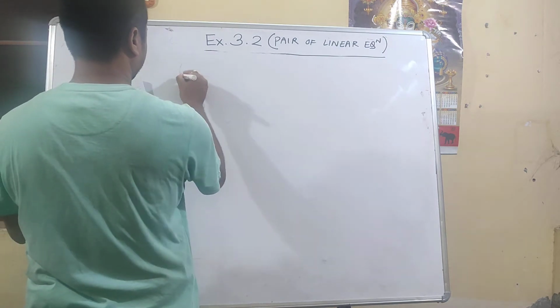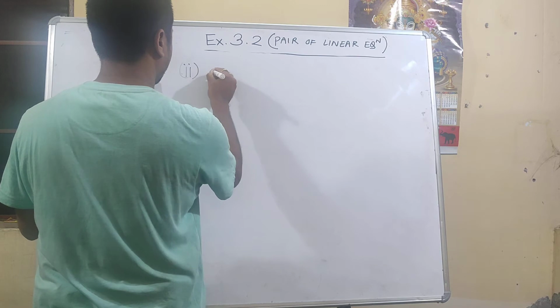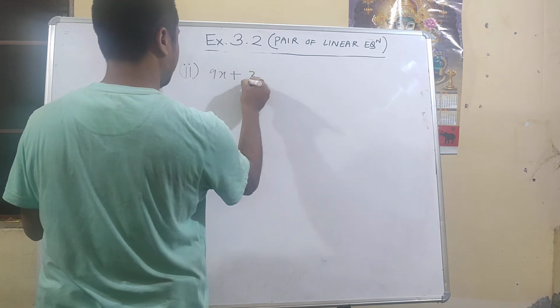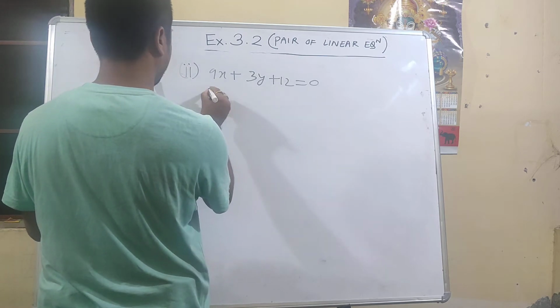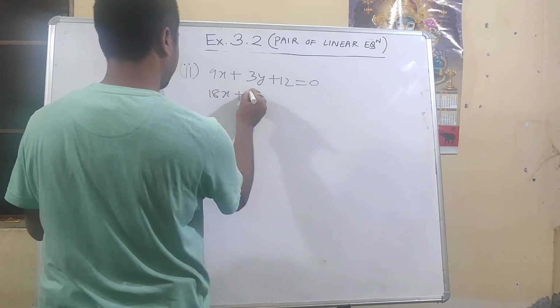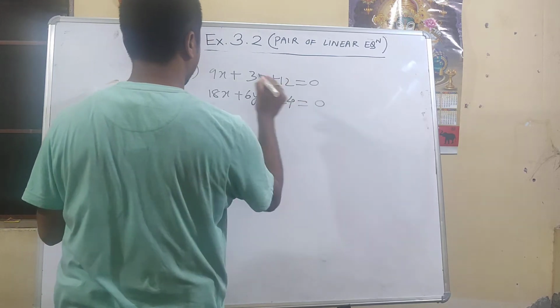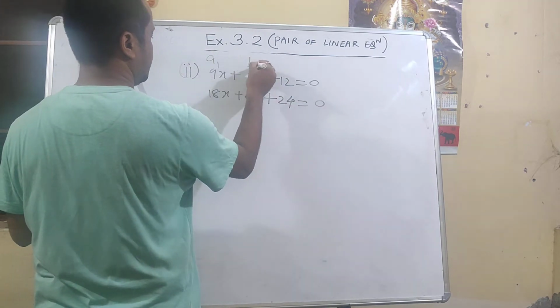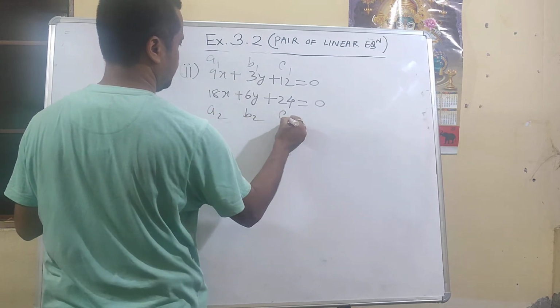Number 2: 9x plus 3y plus 12 is equal to 0, and 18x plus 6y plus 24 is equal to 0. These are A1, B1, C1, A2, B2, C2.